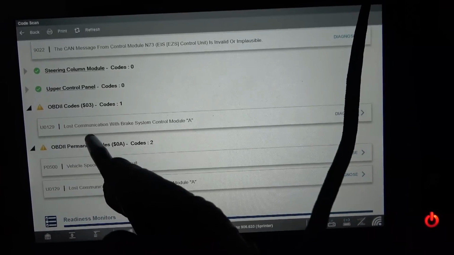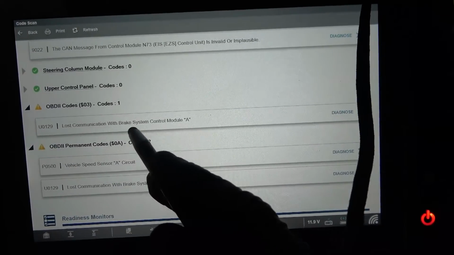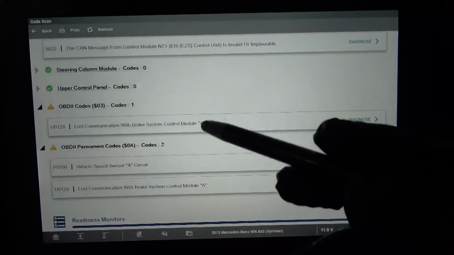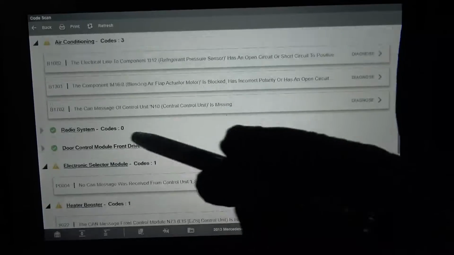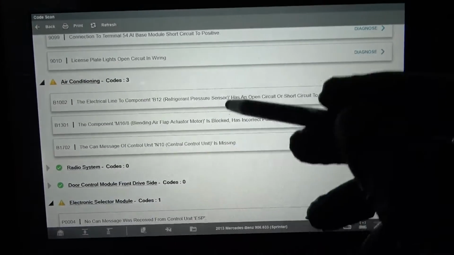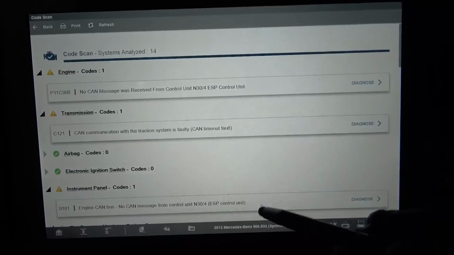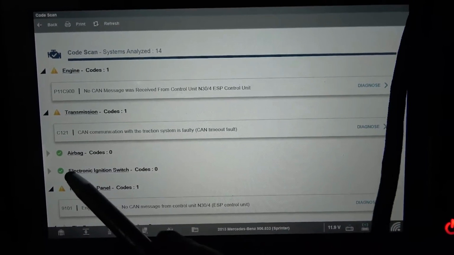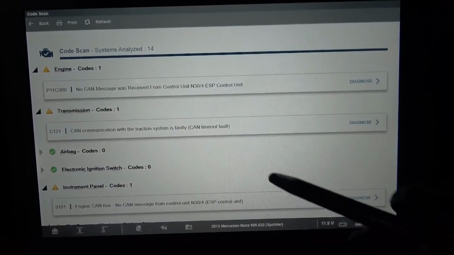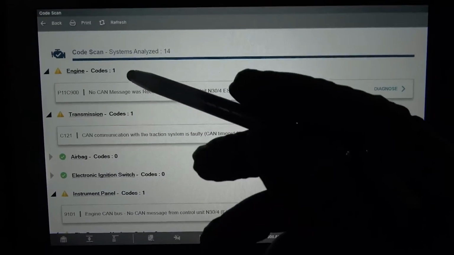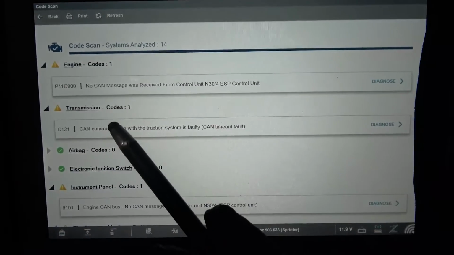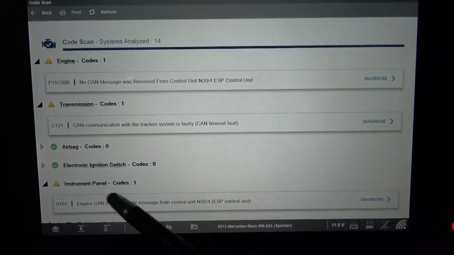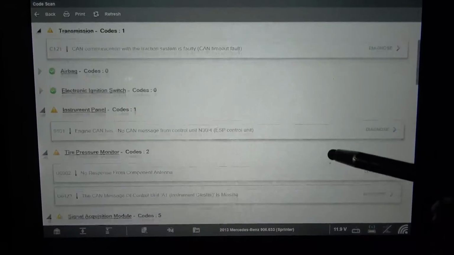Okay, so lost communication with brake system control module A. So if you look at all these control units on this list, one thing I have noticed right off the bat is we don't have the ABS control unit listed over here. As you can see, we have the engine computer, we have the transmission computer, airbag, electronic ignition switch, but no ABS.